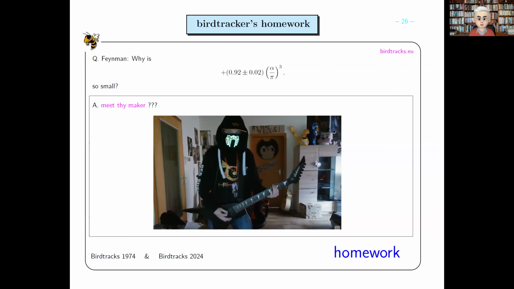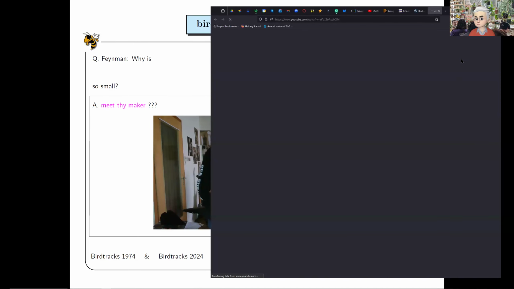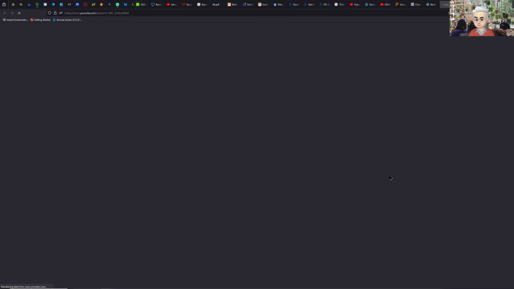So this was the homework for every bird tracker in 1974. And 50 years later, I haven't done the homework. And I'll leave it to the young people to do it. So this is called Meet Thy Maker, and it's 3 generations down from me.